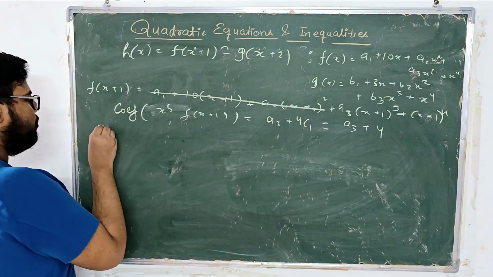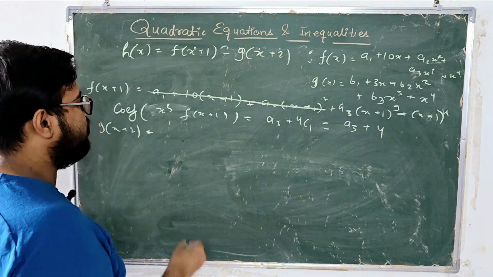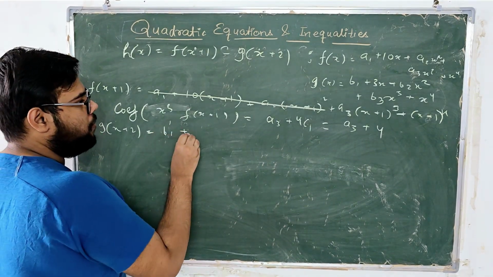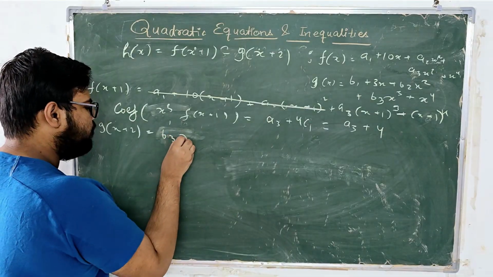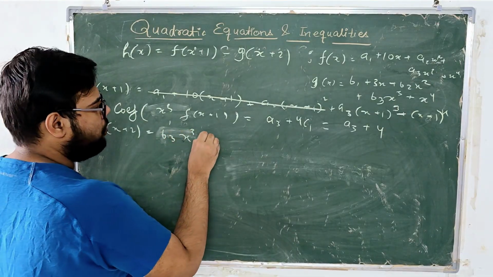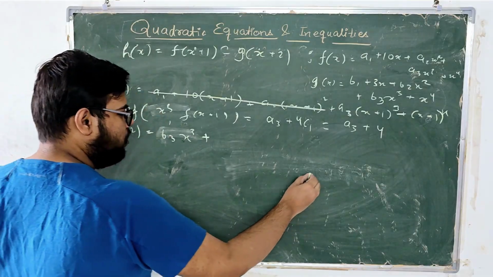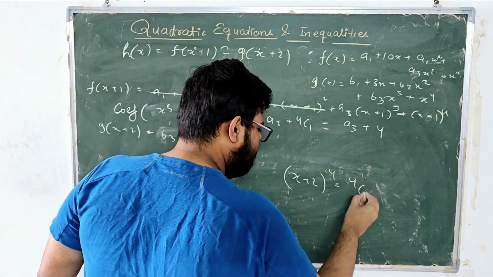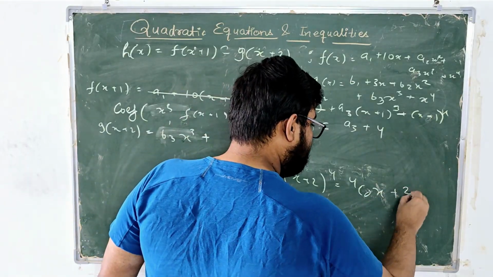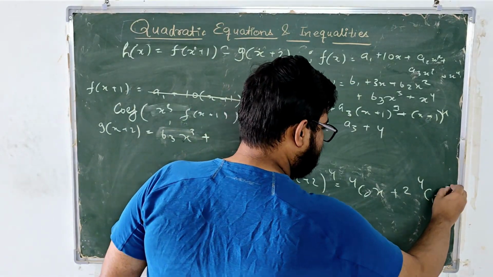g of x plus 2, it's b1 plus, of course you can neglect these terms, and over here b3 x cube plus x plus 2 raised to the power 4, 4c0 x plus 2, 4c1 x raised to the power 3, correct?